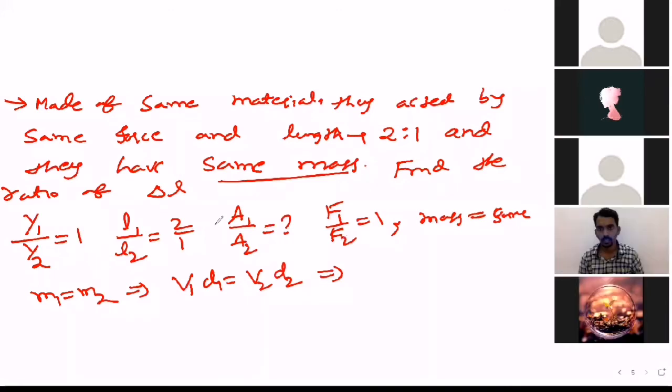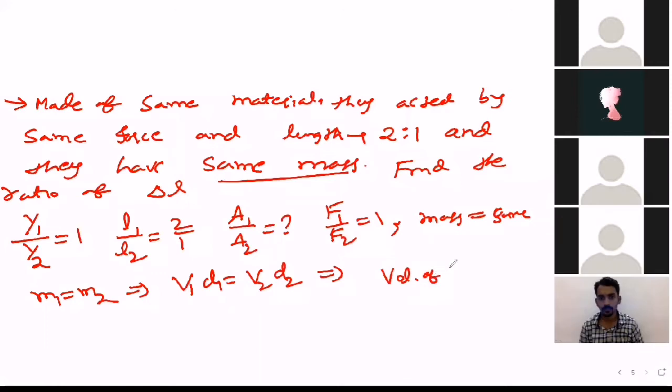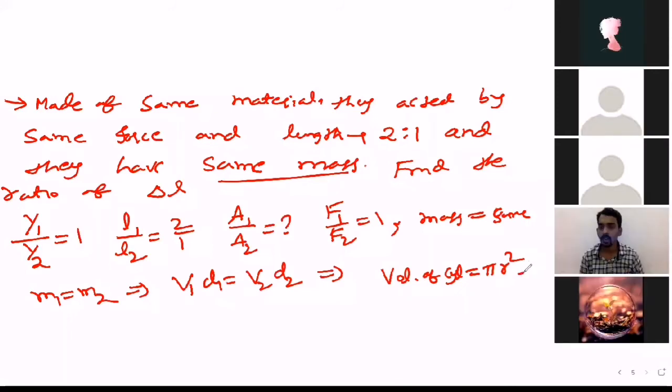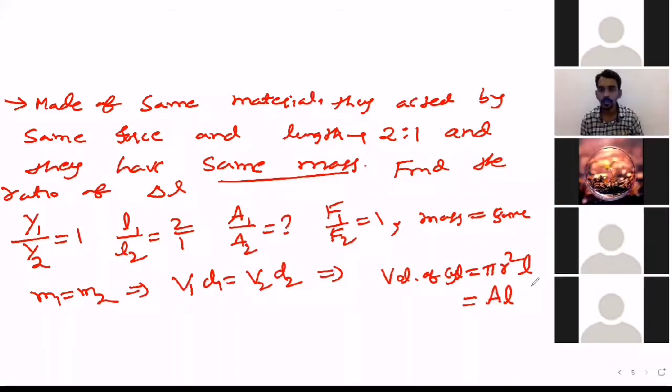Okay, very good. So the volume of a cylinder formula is pi r square into h, or L, height or length. Pi r square means area, L is length. So the formula for volume is area into length.